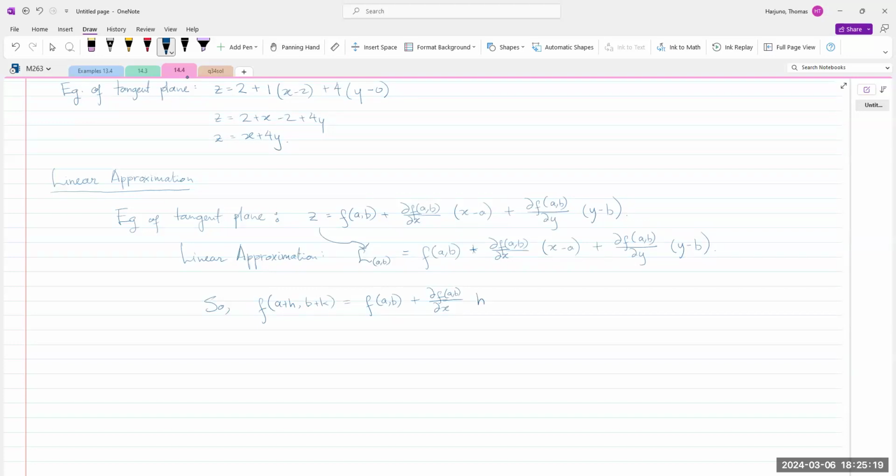You see, you move in the h direction. This h is basically a plus h minus a, where you replace the x by a plus h, and minus a, you get h only. Plus the partial of the function at (a, b) with respect to y times k.